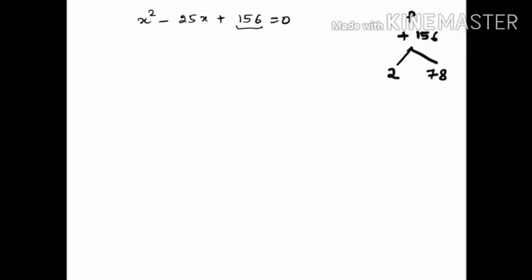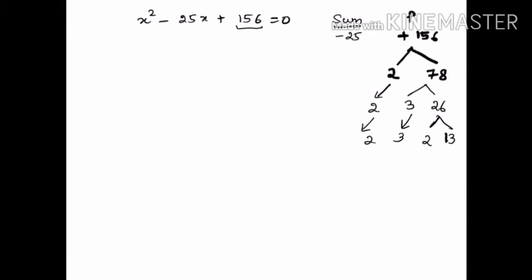Then we can further split the factors. 78 can be written as 3 into 26. Since we want the sum to be minus 25, we will have to factorize further. 26 can be written as 13 into 2.